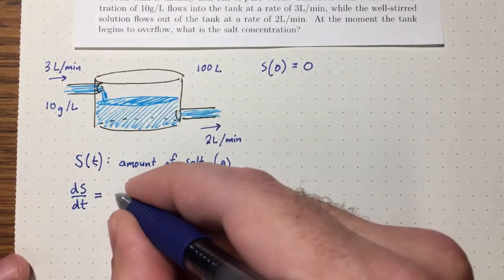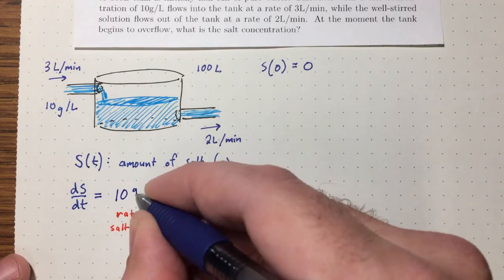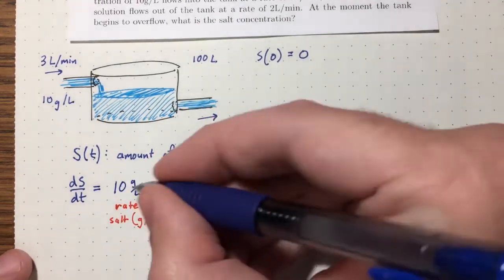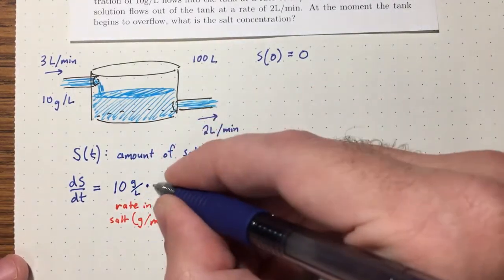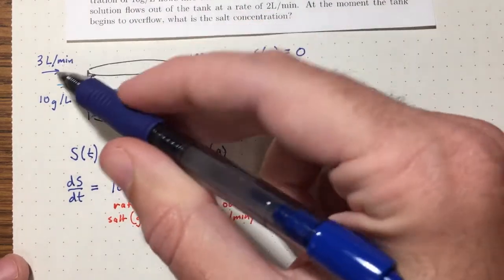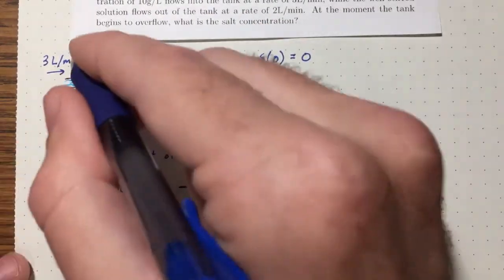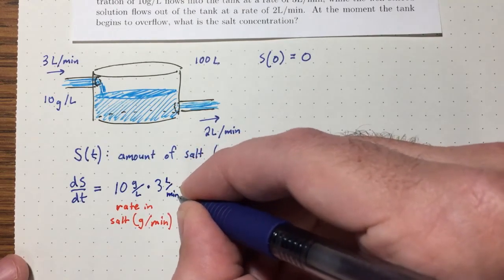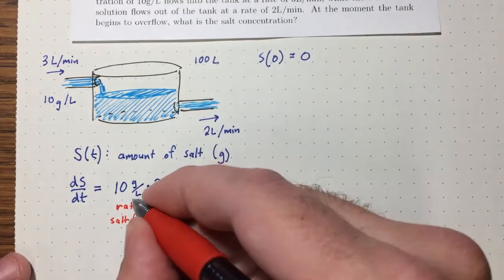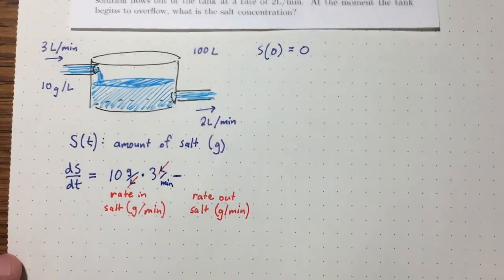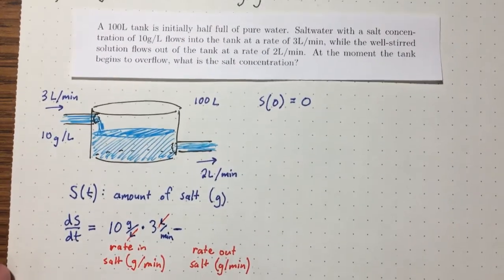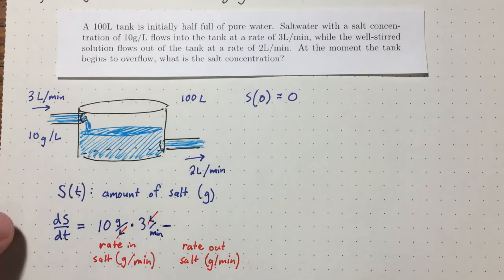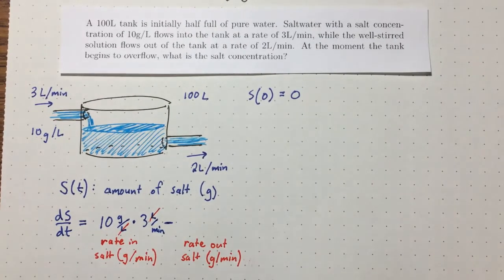So we're going to have 10 grams per liter, already units here, times 3 liters, not 1, right? So there are going to be actually 30 grams of salt per minute coming in. And what we should see here is that the units will cancel, giving us grams per minute. So that's a sign that we're on the right track here. We have the right units. This is grams per minute.